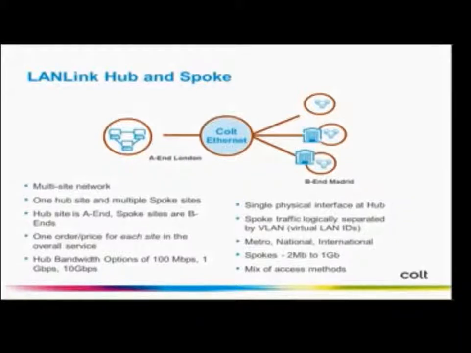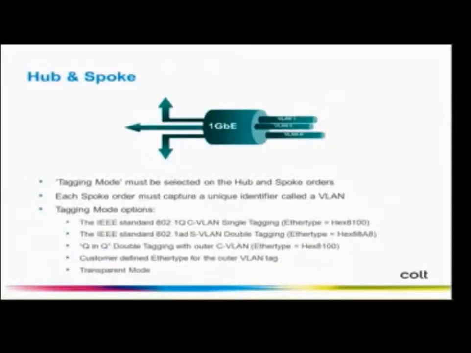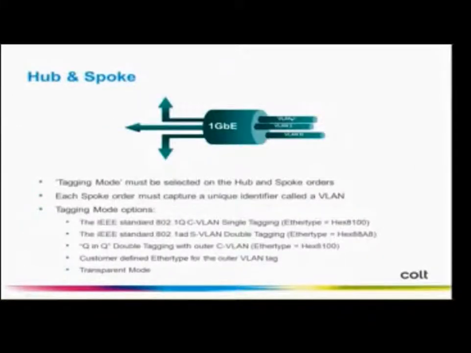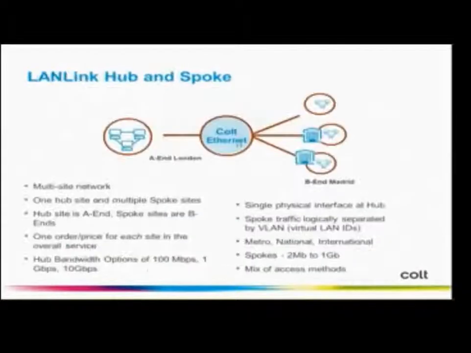The next one is the LANLink Hub and Spoke. Sorry, I don't know why this is disconnected, but okay. With the Hub and Spoke, this was the starting point a few years ago with Ethernet for different locations.